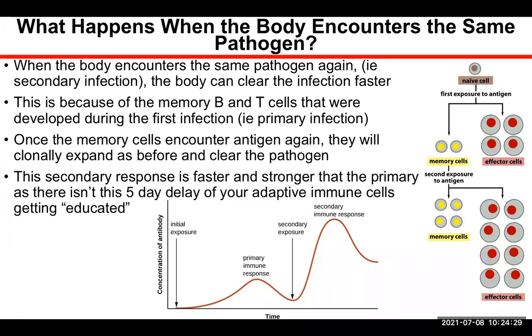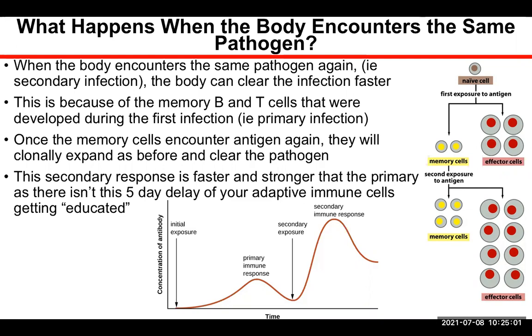It can just automatically get stimulated and then start to clonally expand. So there's a bunch of these memory cells that come and kill off whatever the pathogen is. And because it's not only faster, when you're developing all of these clonally expanded memory cells, their receptors have a stronger affinity, or a stronger magnet, to whatever the pathogen of interest is.